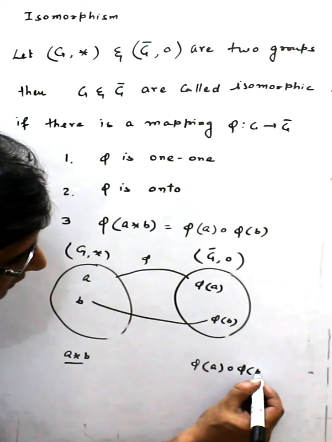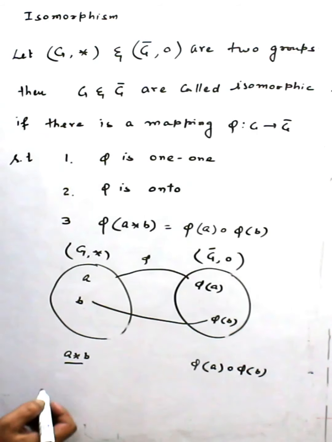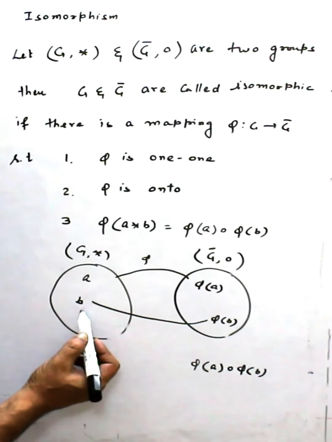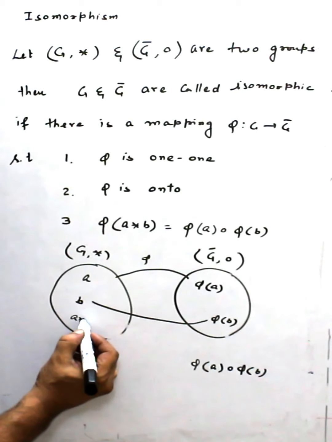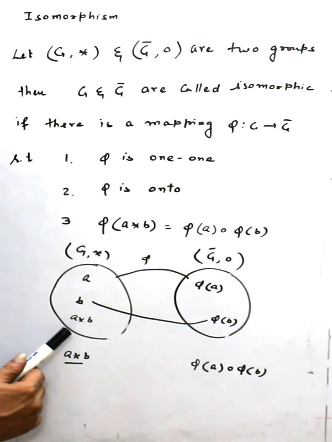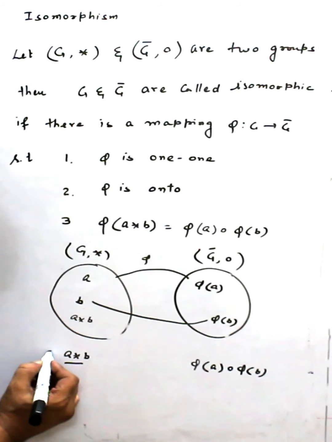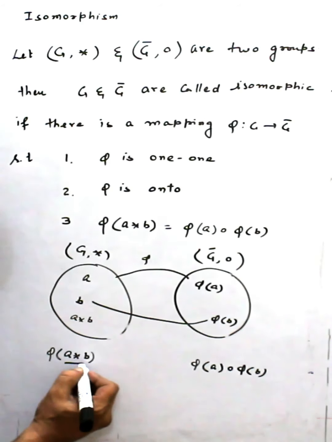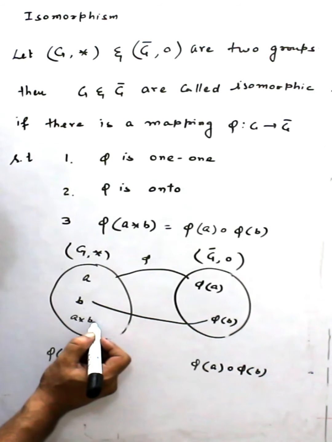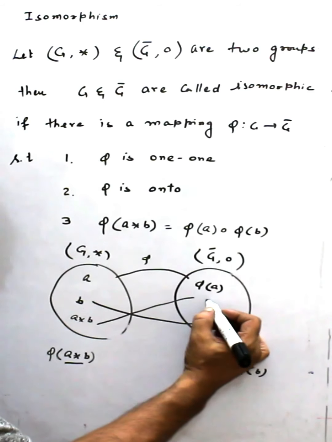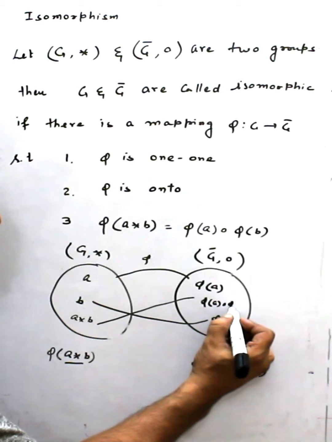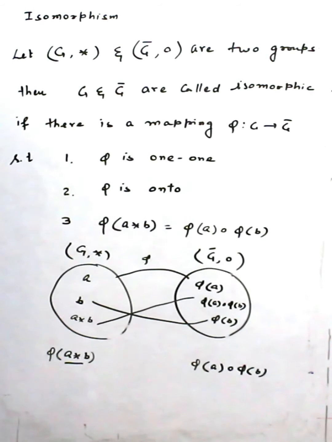The operation is O. Now what is it saying? It is saying if we operate, obviously it is a group, so A star B again will be an element of G. So this element, if phi is operated on this element, then a new element here is phi A O phi B, like this.